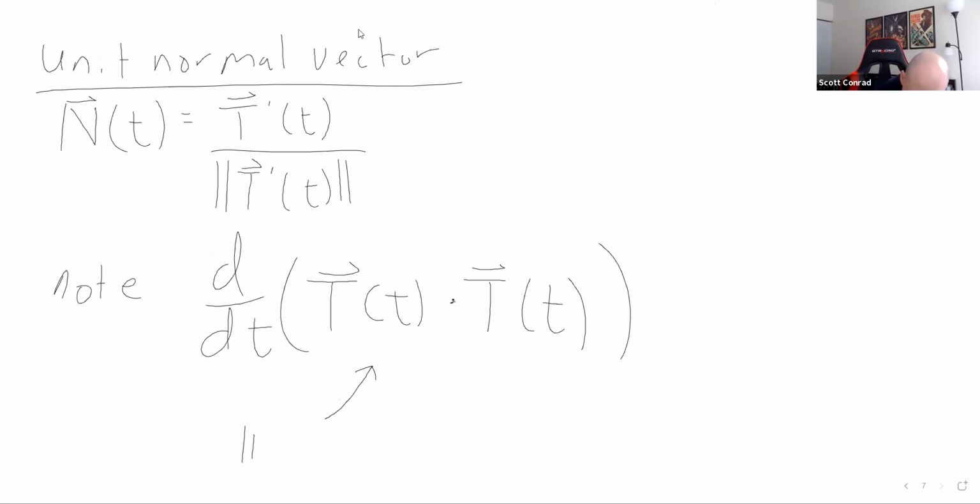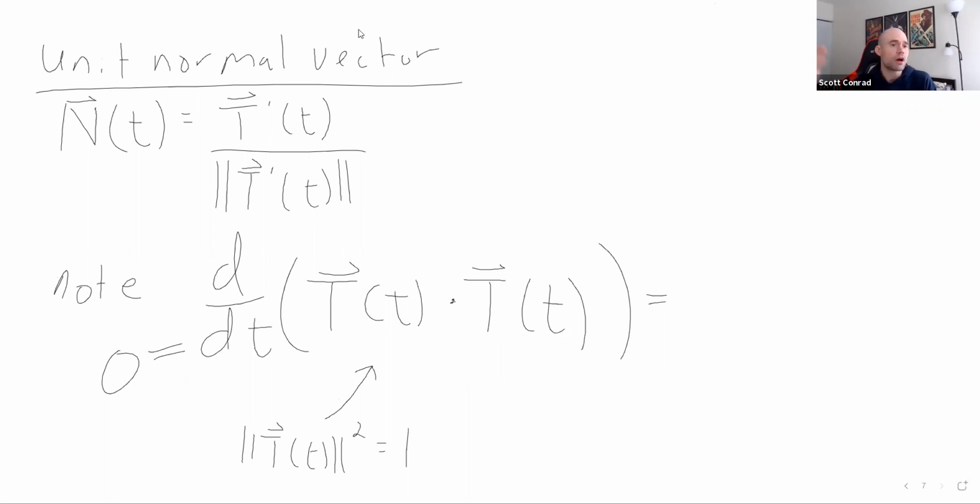So T dot T is the magnitude of the unit tangent vector squared. But what's the magnitude of the unit tangent vector? It's 1 for all values of t, by design, because we turn it into a unit vector. So if I take the derivative of the magnitude of the unit tangent vector squared, that's a constant 1. The derivative of any constant is going to be 0.